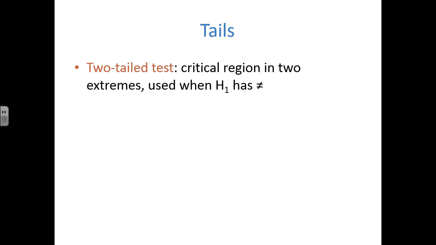Now we have tails. There are three different kinds of hypothesis tests, and they're determined by the tails. A two-tailed test is used when the alternative hypothesis has the not equal to symbol in it. And it means our critical regions are in both extremes, in both tails.